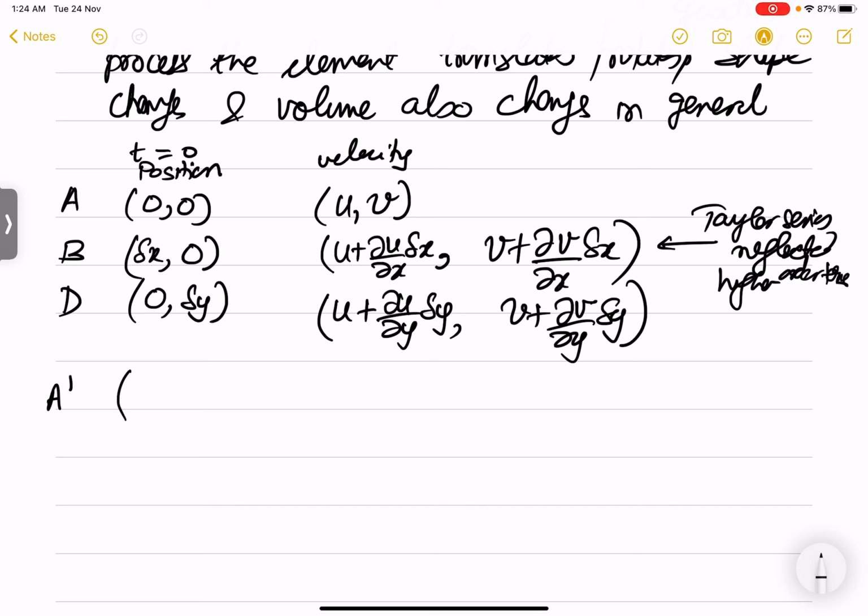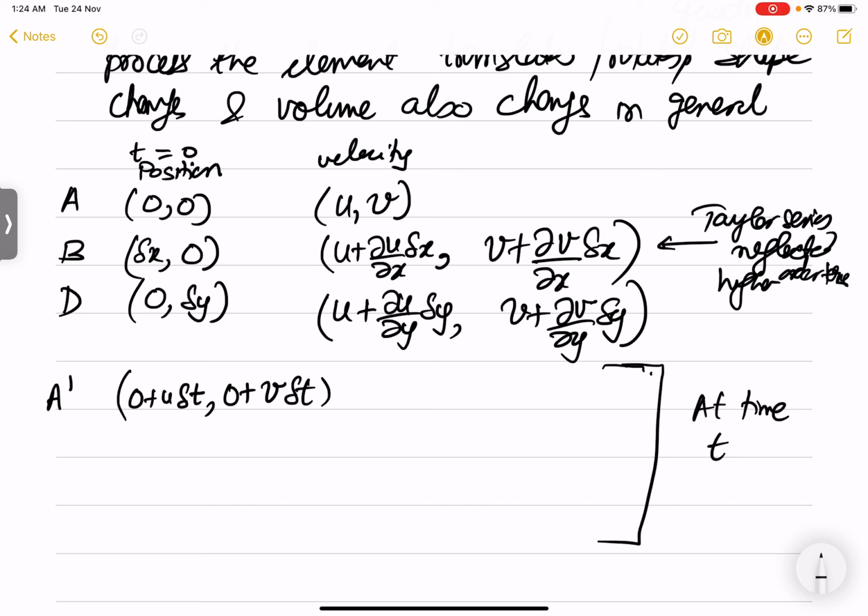So the x coordinate of A prime will be 0 plus u delta t, and the y coordinate of A prime will be 0 plus v delta t. These are the coordinates at time t plus delta t. So these are the coordinates of point A prime.